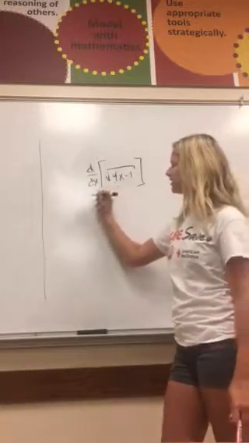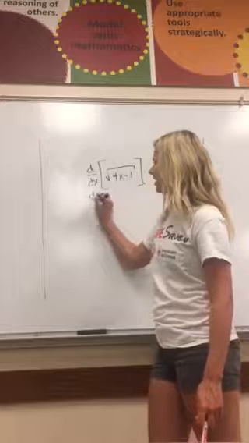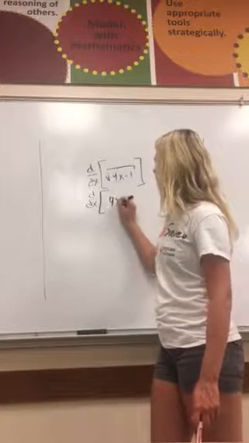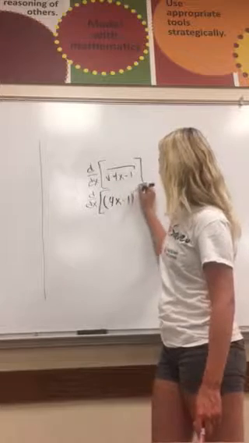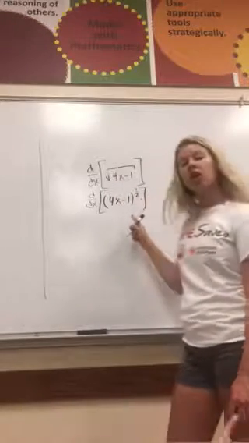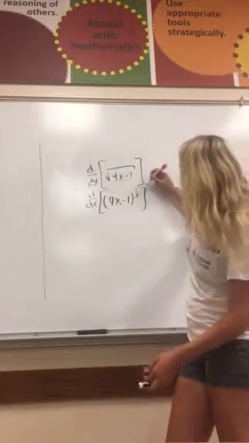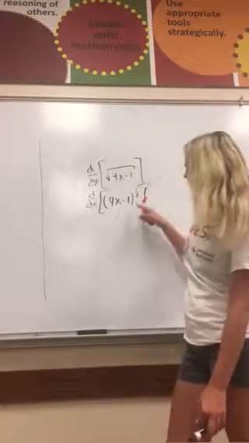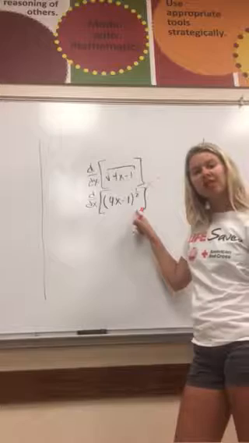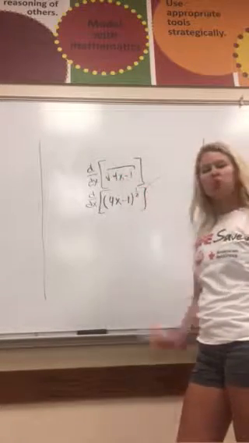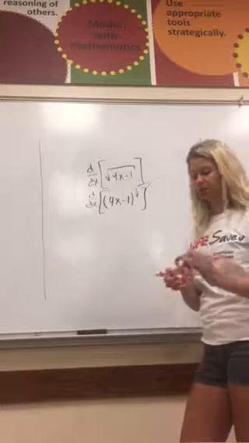So this is the same thing as taking a derivative of 4x minus 1 to the 1/2 power. If you didn't know that, make sure you star that in your notes, because this is a very important concept that you will see and use all the time in calculus. You see radicals, you turn it into just a 1/2 power, which is awesome.